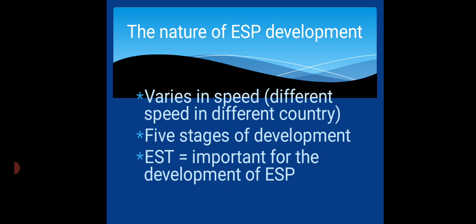However, there is no issue about that because in different countries we face different situations. The need to use English is also different. That's why the development from time to time will also be different.